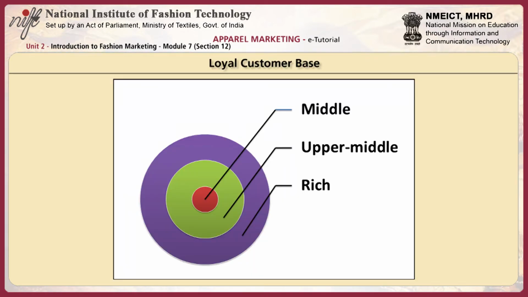In the loyal customer base, there could be stratifications. There could be some middle class, some upper middle class, and some rich. Instead, they have taken all.